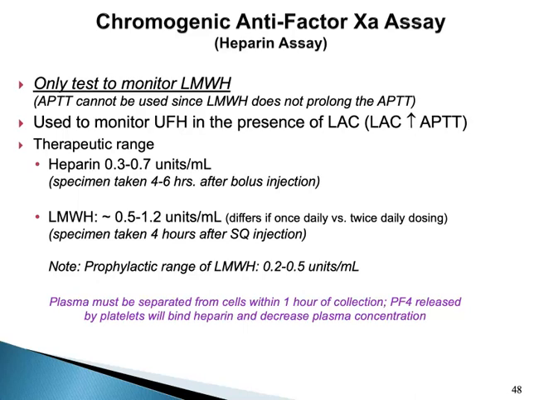And the specimen is taken 4 hours after the subcutaneous injection. The prophylactic range of low molecular weight is 0.2 to 0.5 units per ml. Just keep in mind that when you test and monitor for this, the plasma must be separated from the cells within an hour. Otherwise, platelet factor 4 will be released by platelets and it will bind heparin and decrease the plasma concentration.